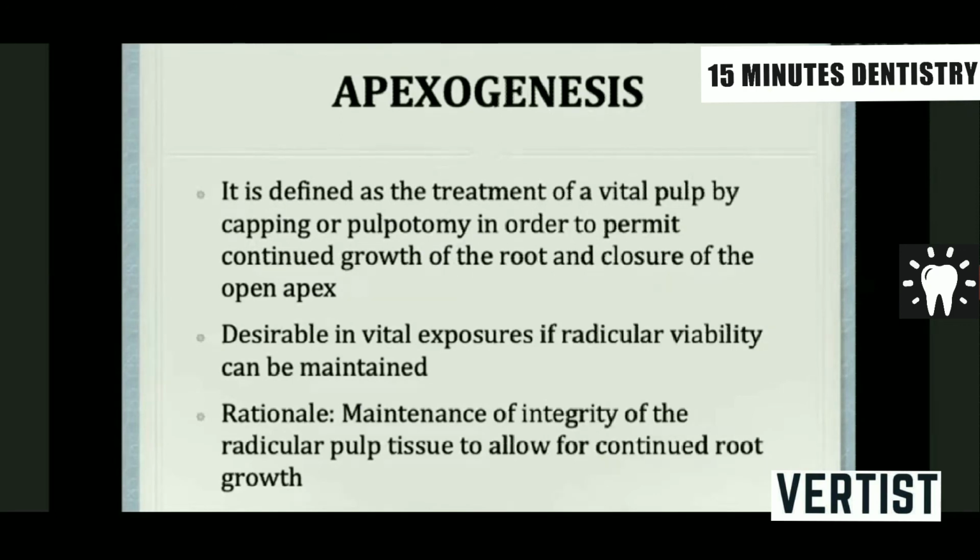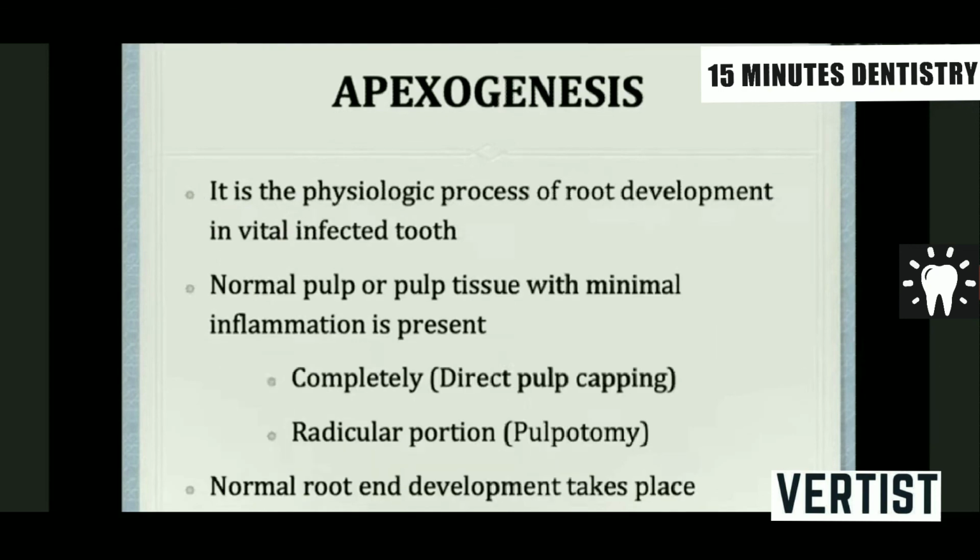It is defined as the treatment of vital pulp by capping or pulpotomy in order to permit continued growth of the root and closure of the open apex, desired in vital exposures if radicular viability can be maintained. The rationale is maintenance of the integrity of the radicular pulp tissue to allow continued root growth. So it is a physiological process of root development in a vital infected tooth.